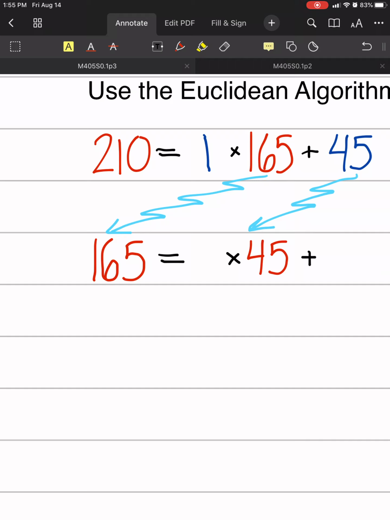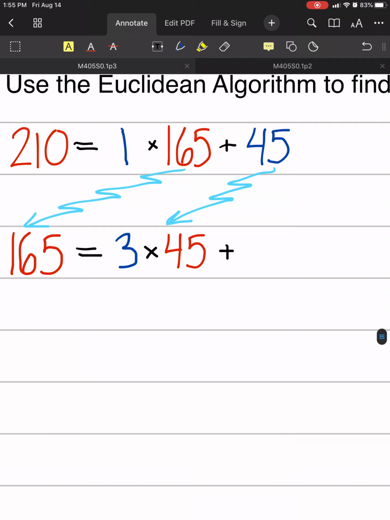Okay, so we're all back. If we multiply 45 by 3, we get 135. If we add another 45 to it, it would be too big, so we can put that in right here. If I am doing this right, which if I'm not, we'll figure it out pretty quick. So 3 times 45, 3 times 40 is 120, 3 times 5 is 15. We get 135 there.